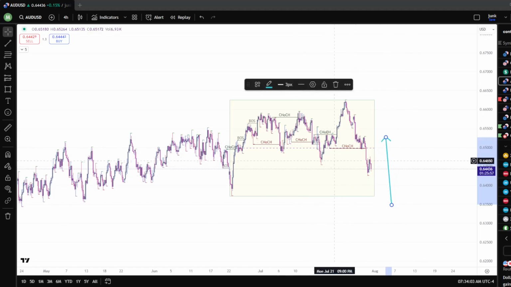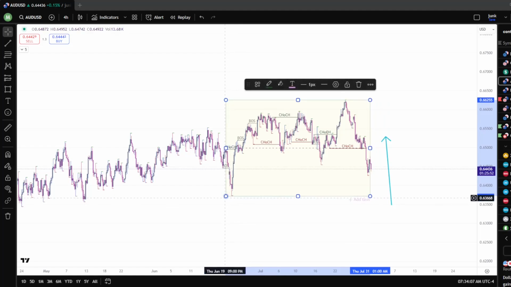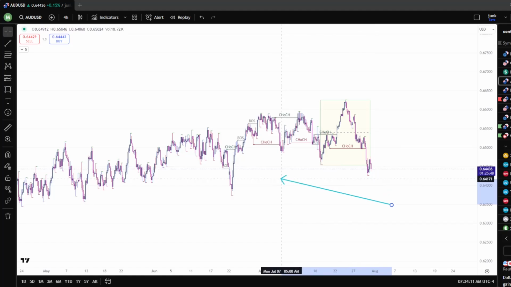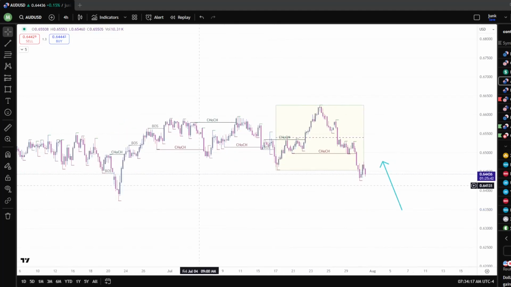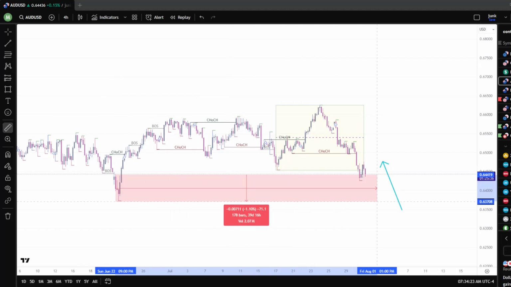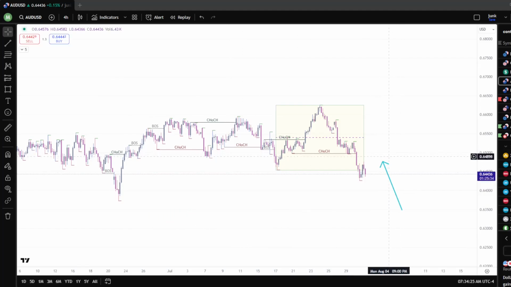Similar to GBP USD and Euro USD, you do still have to watch out for this area of support, this area of demand. This sell before the buy, which price is tapping into now. So you look for any type of bullish momentum from that area.